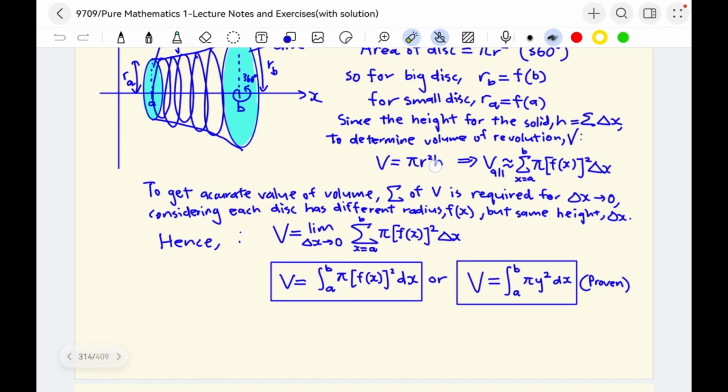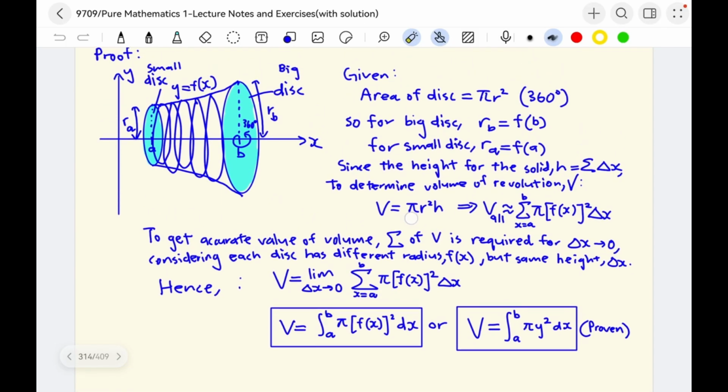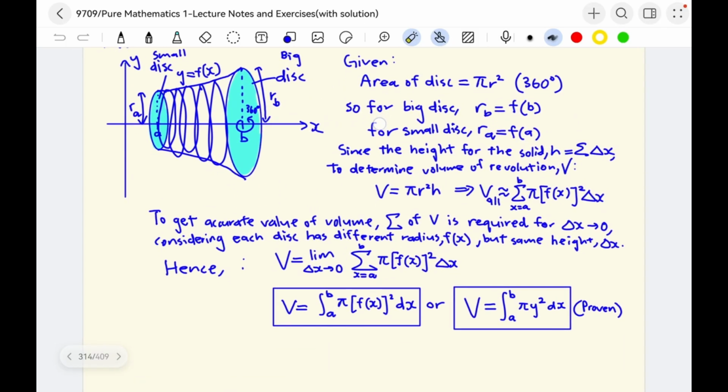And therefore we have summarized that the volume formula rotated through 360 degrees about the x-axis is the formula written over here. V is equal to the integral from a to b of pi times f(x) in brackets, squared.